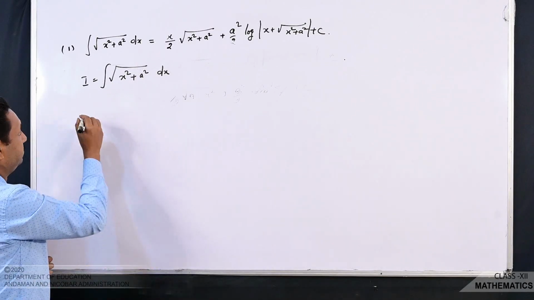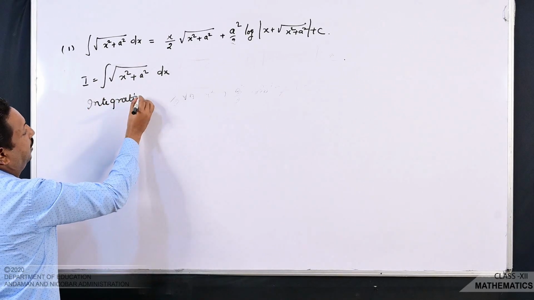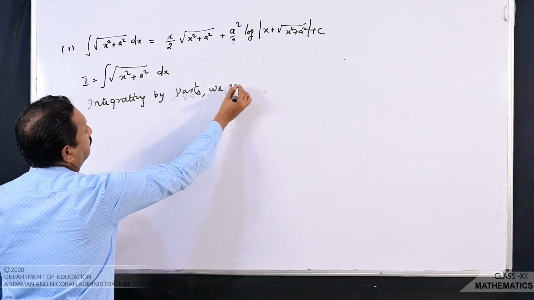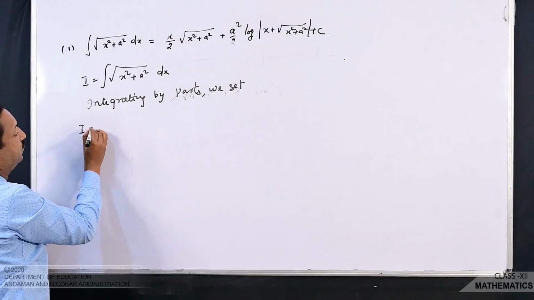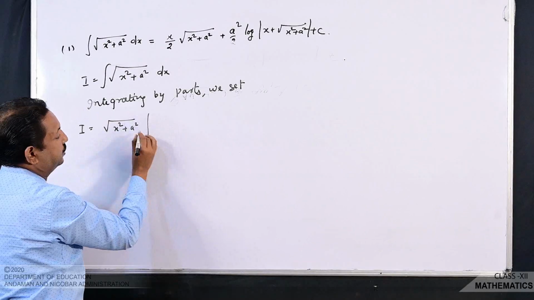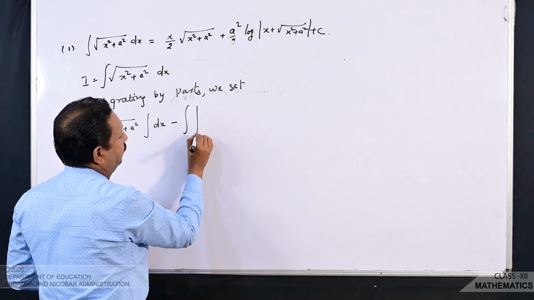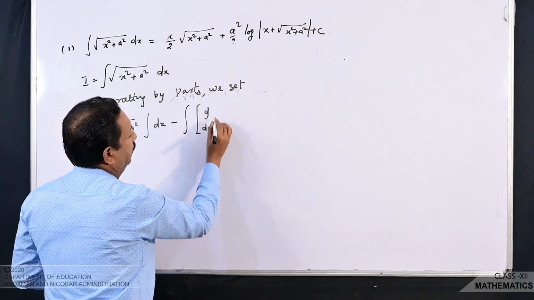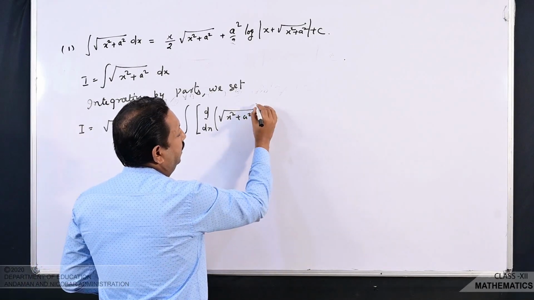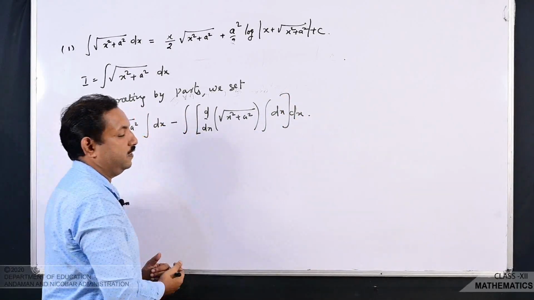So, as per integration by parts, we get I equal to first function, that is root under x square plus a square, into integration of second, that means dx, minus integration of derivative of root under x square plus a square and integration of dx whole close, and dx is here.